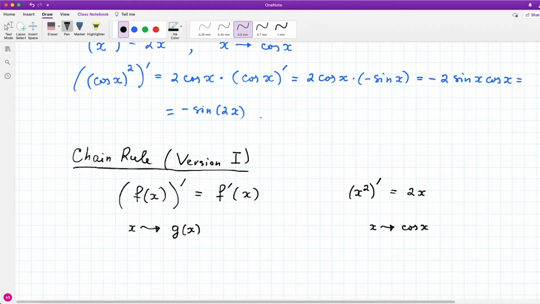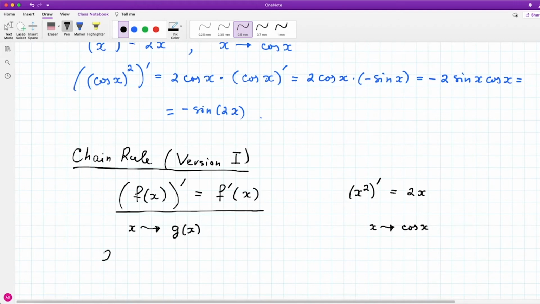And so let's look at the formula that we have right here, and let's go ahead and replace x with g of x. So the first step is a mechanical step, where everywhere we see x in this formula, we replace it with g of x.